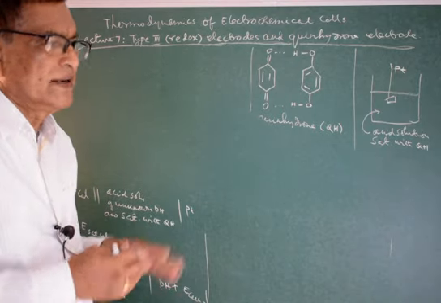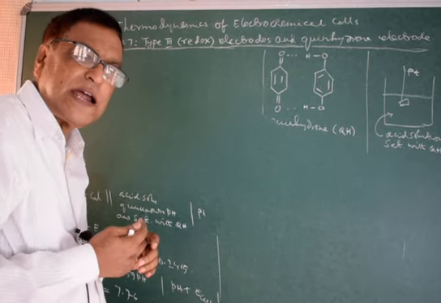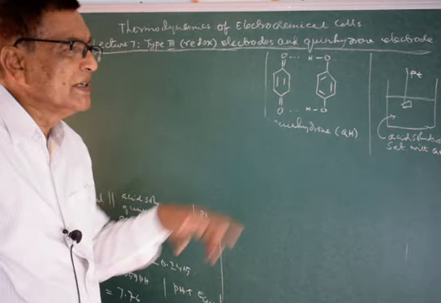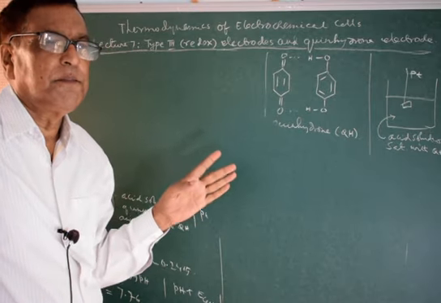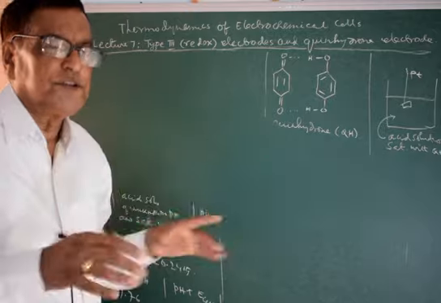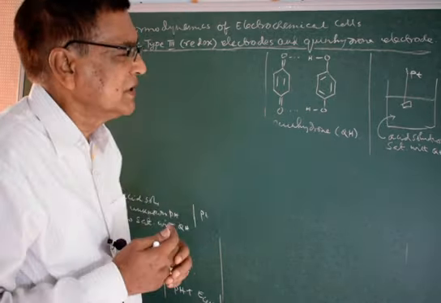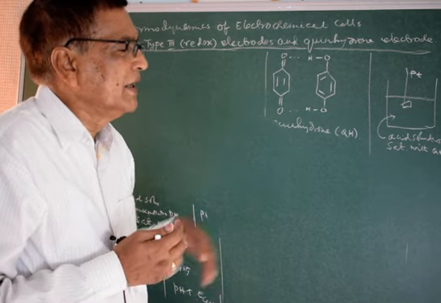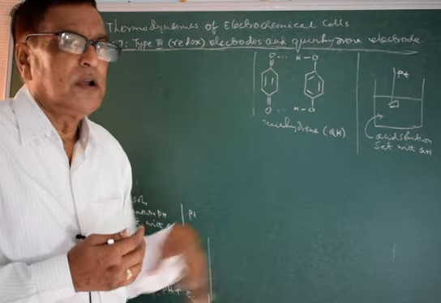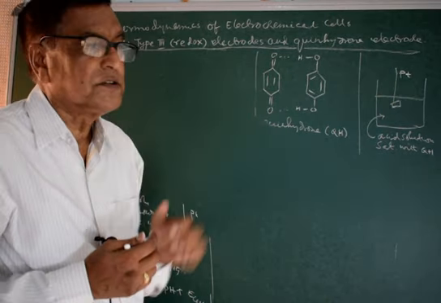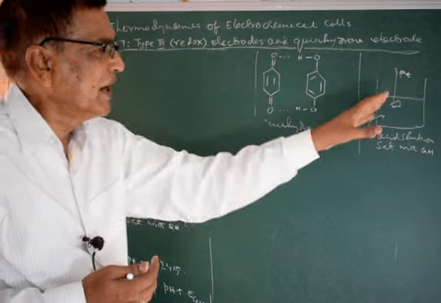Not only that, unlike the hydrogen electrode, which is also popular to determine the pH of solutions, here oxygen need not be removed from this electrode. Not only that, any unsaturated compound or heavy metal ions cannot affect the potential of this quinhydron electrode.